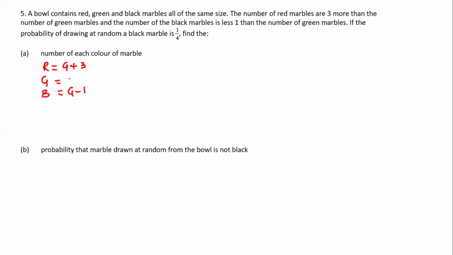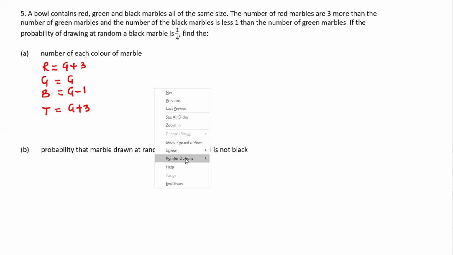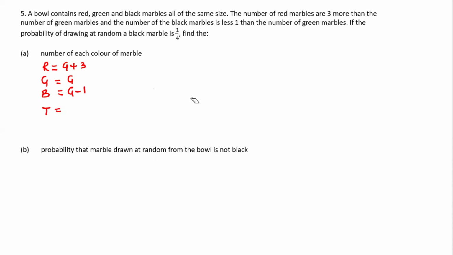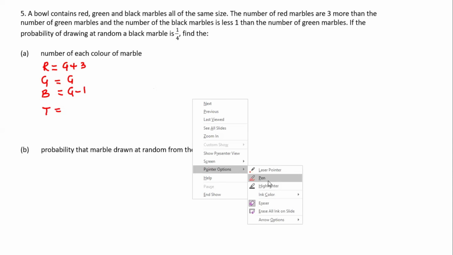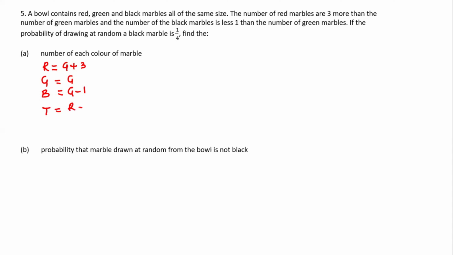Then it means that green still remains green. Now, what will be the total? For better understanding, let me tell you how we are doing total ball. Total ball means you will add the number of red ball plus green ball plus black ball.